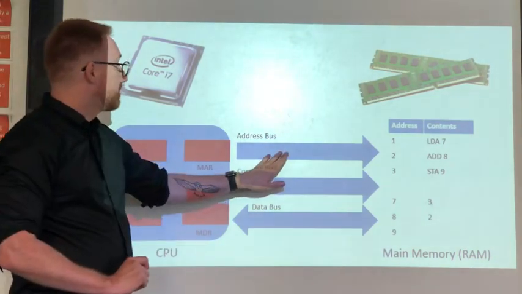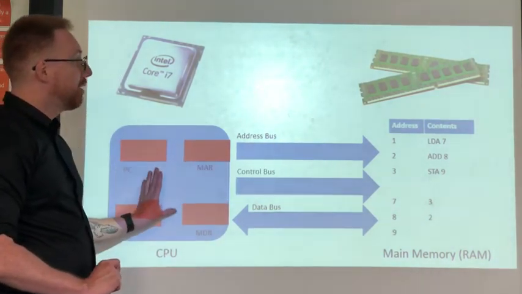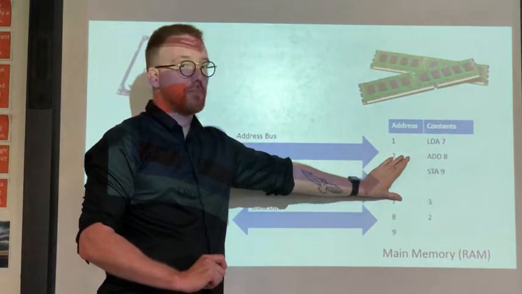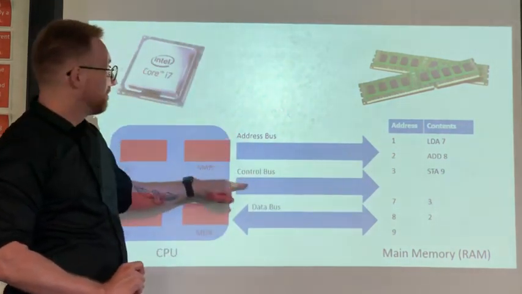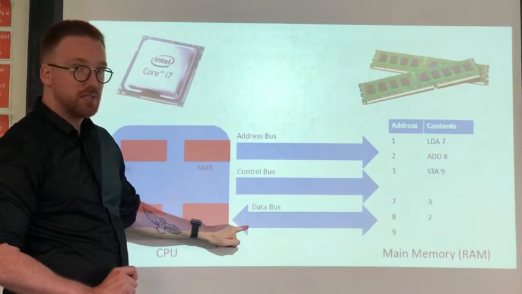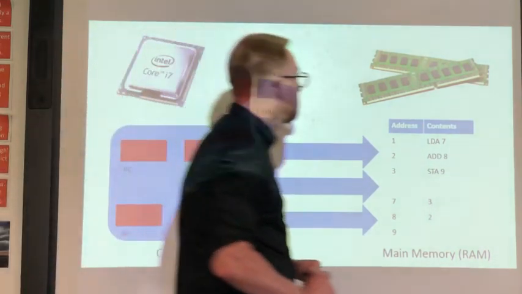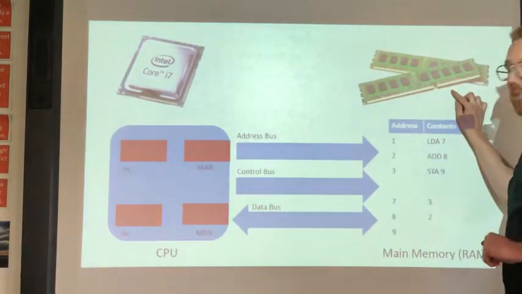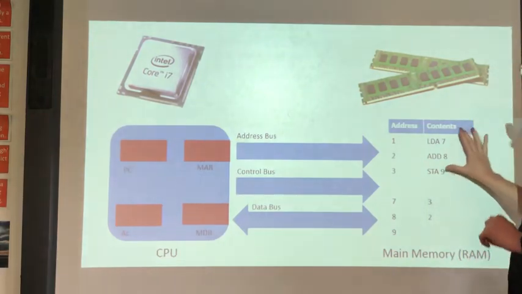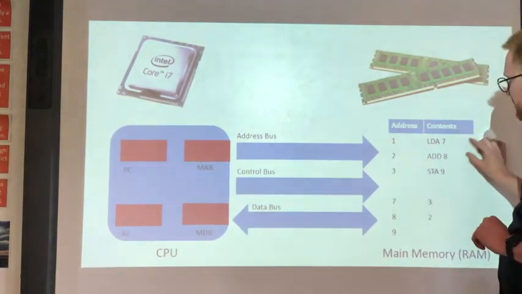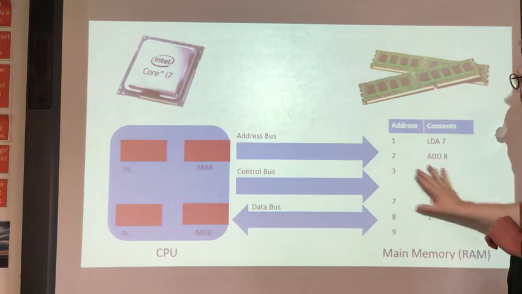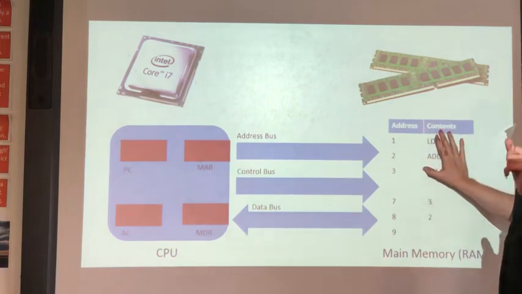We've then got the buses, which connect the CPU to our main memory, our RAM: address bus, control bus, and data bus. Inside our main memory over here, we've got a simple program loaded. Now, don't worry so much about what these commands mean. We're going to explain them.